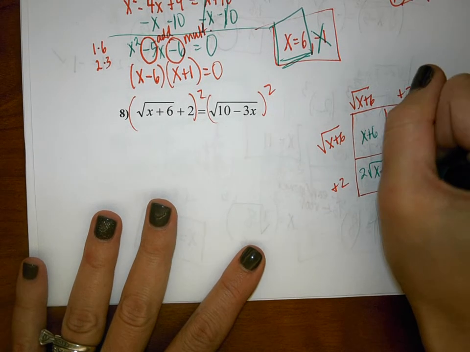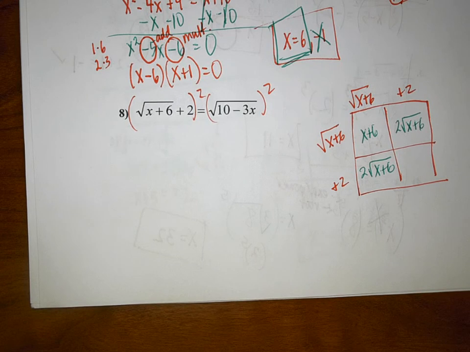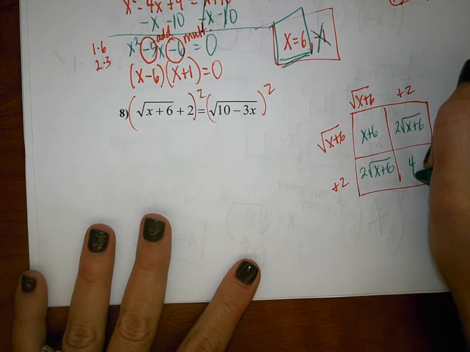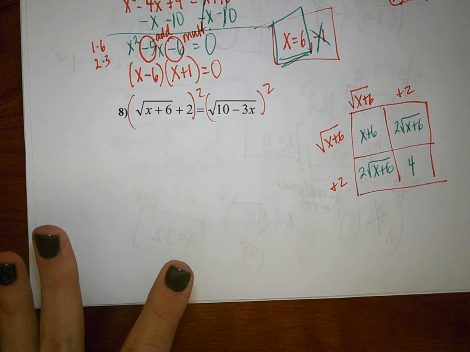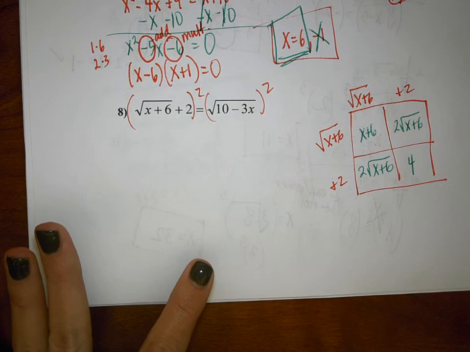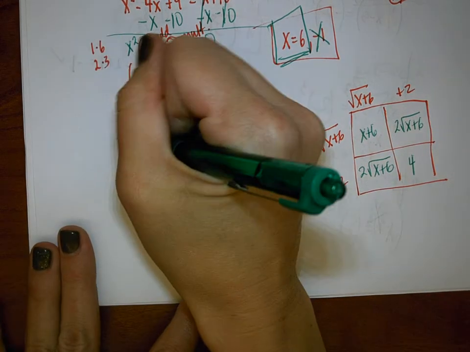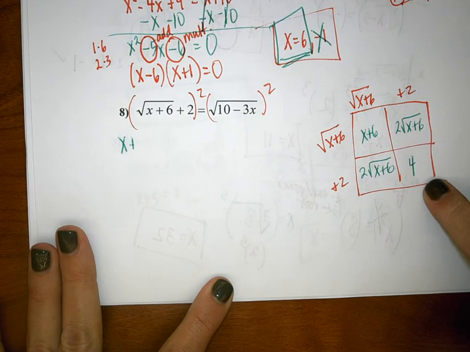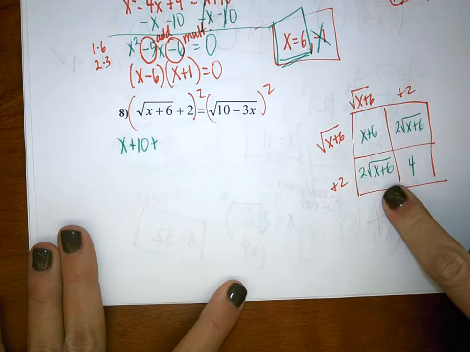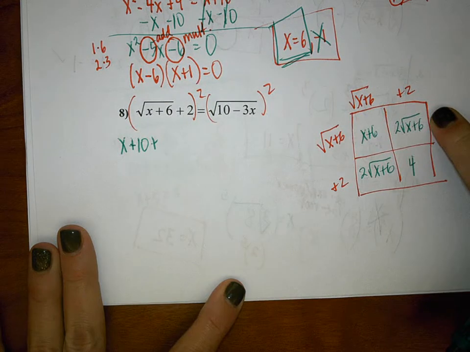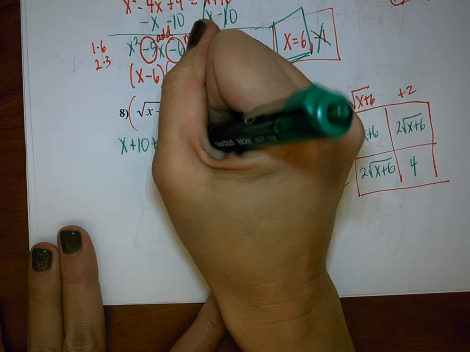And then 2 times 2 is 4. Okay. So when we end up writing this, x can't combine with anything, right? So I just have x plus 6 plus 4 is 10, plus 2 root x plus 6 and 2 root x plus 6 makes 4 root x plus 6, thank you.